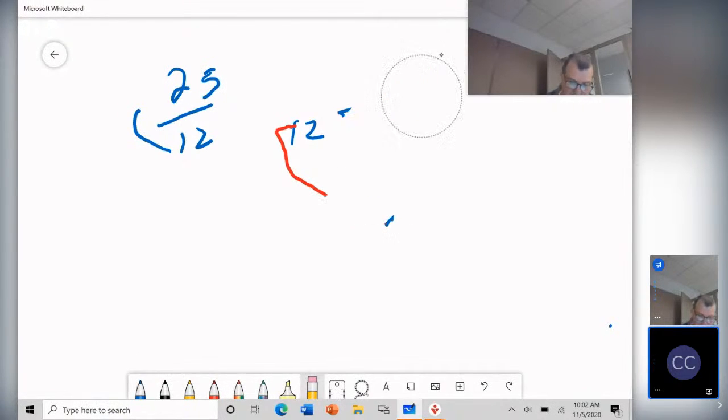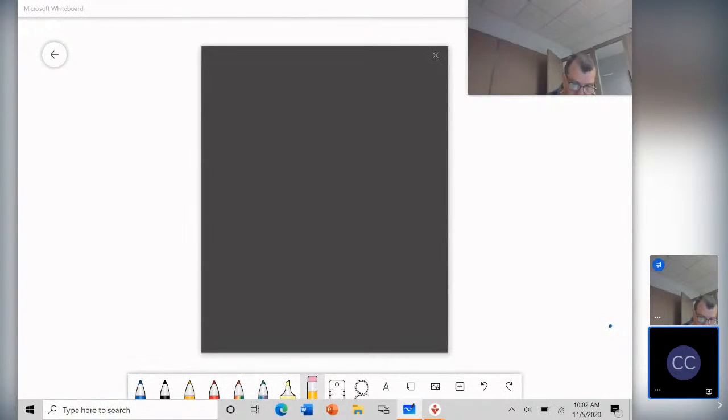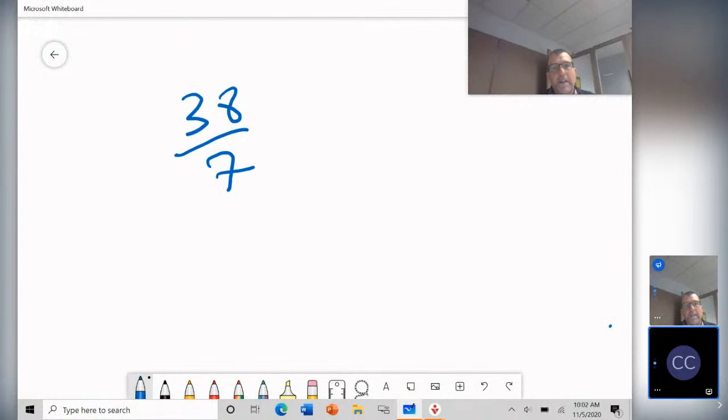Another one was 38 over 7. And you guys, when I say improper fraction, I just want to emphasize that's when the top number, the numerator, is bigger than the bottom number, the denominator. That'd be an improper fraction.